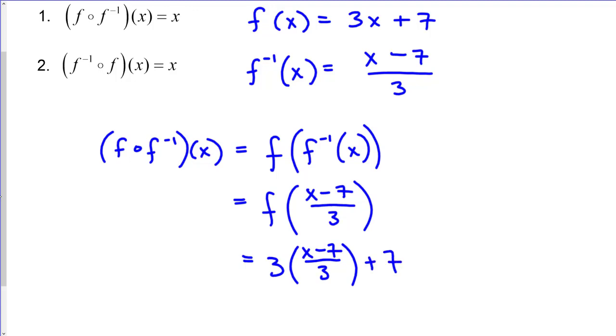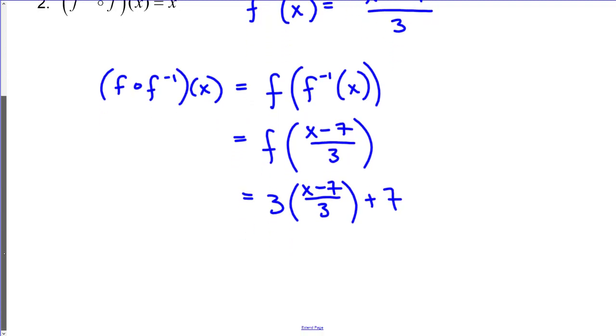So I'm just plugging that into f of x. Now the 3's cancel, and I have x minus 7 plus 7, which cancel, and leaves me with just x.